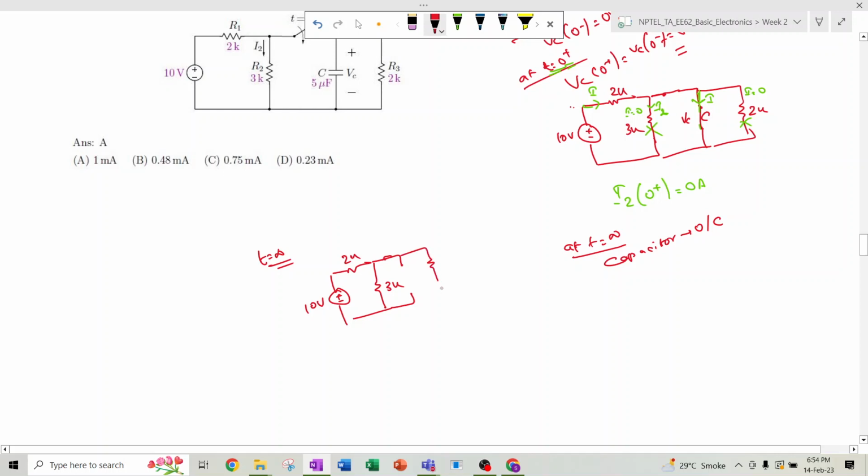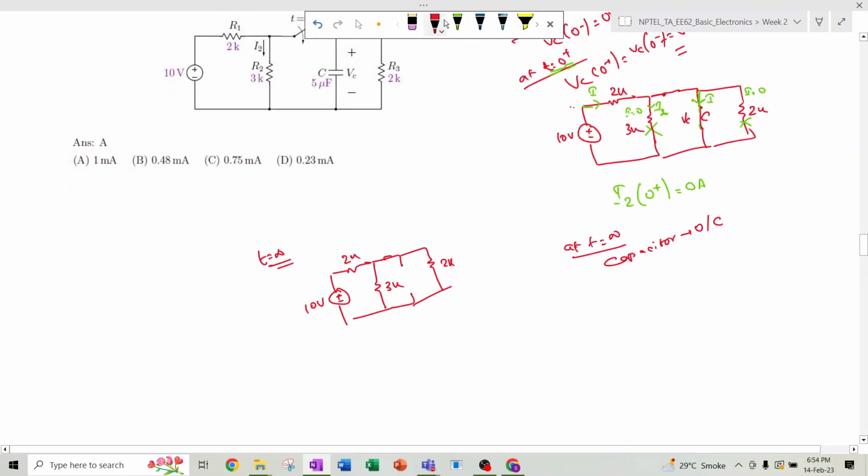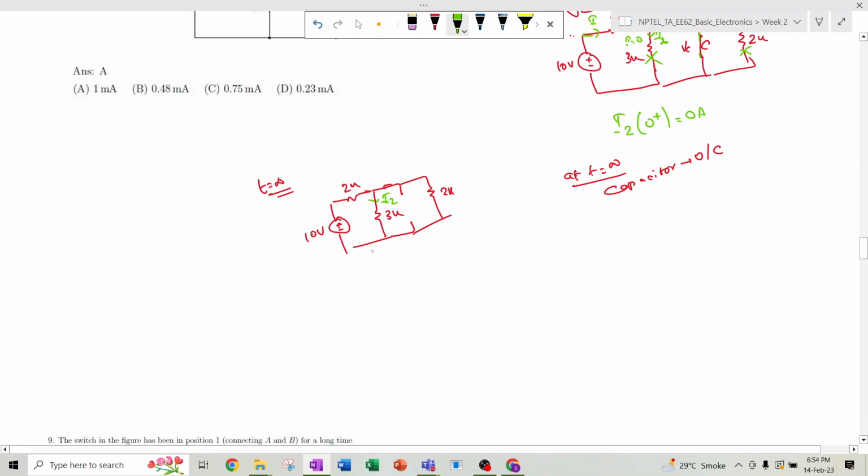Here it has 2k, and another 2k. Now we have to find the value of I2 flowing through this branch. How will we find it? The 3k and 2k are in parallel, and that combination is in series with 2k.